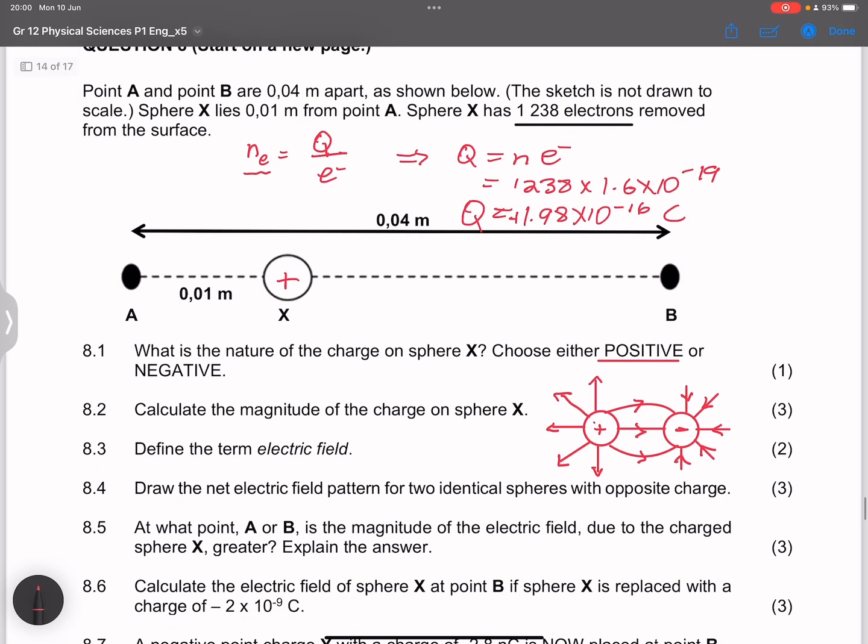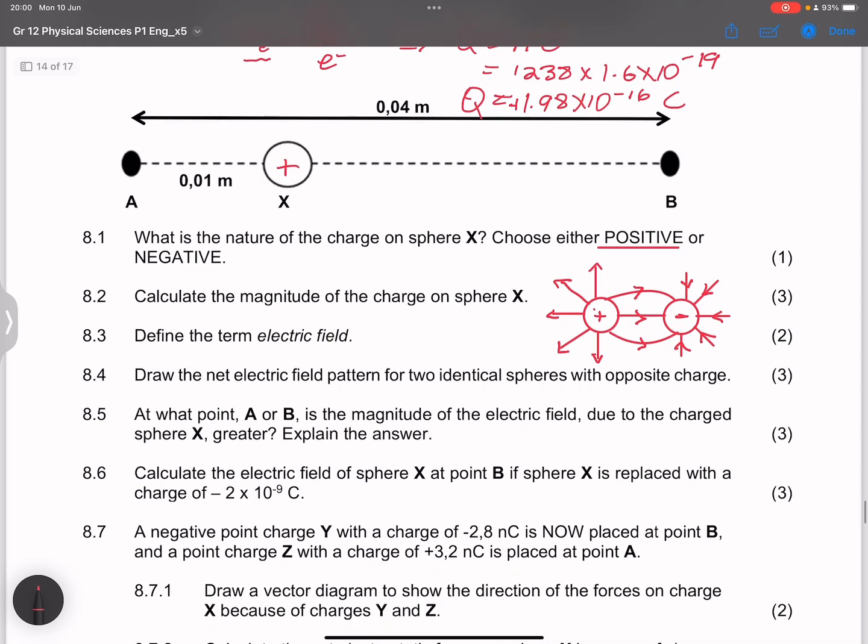Now the next question: at what point, A or B, is the magnitude of the electric field due to the charged sphere greater? Explain the answer. Note that A would be closer to the charge.